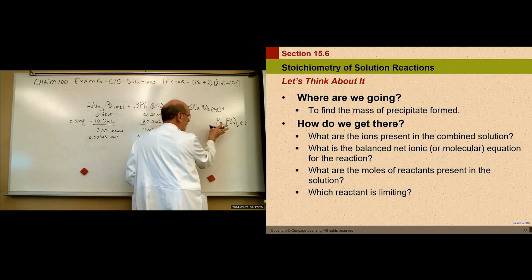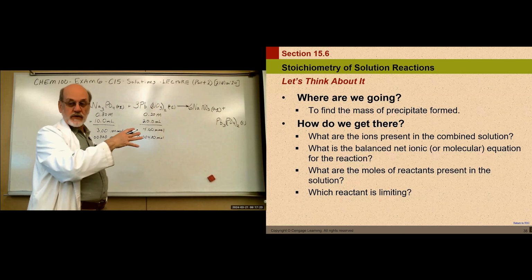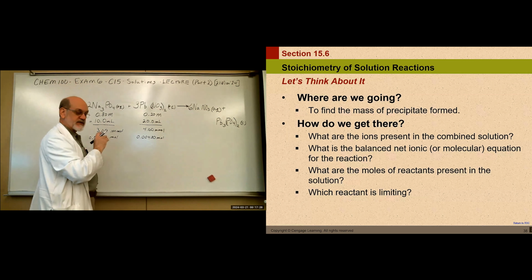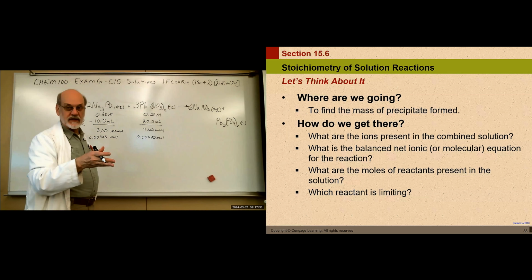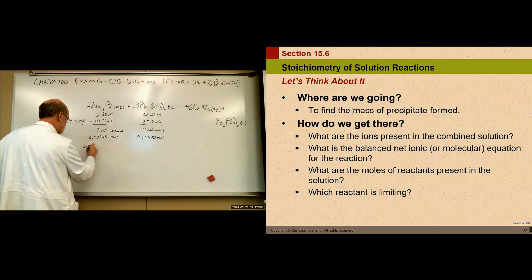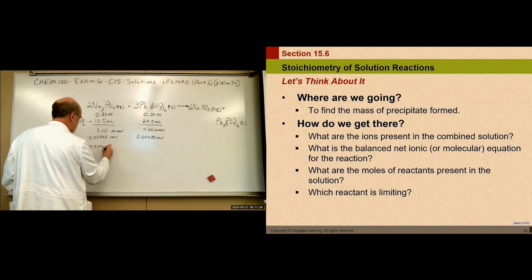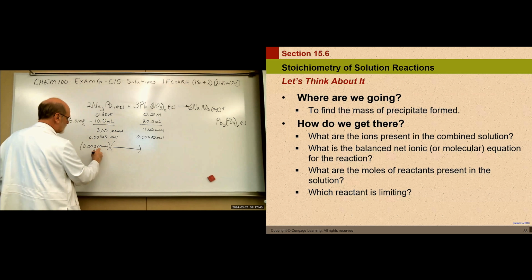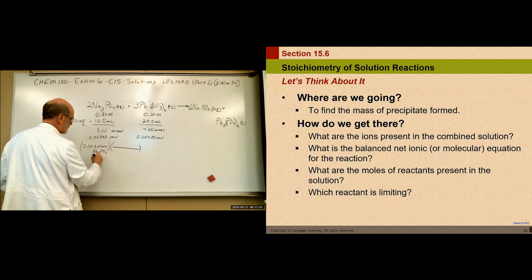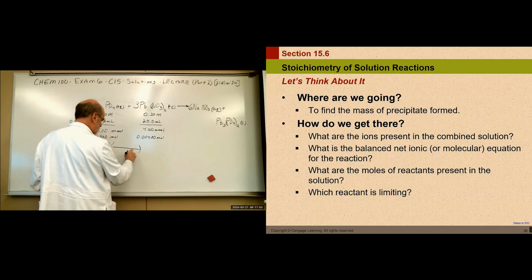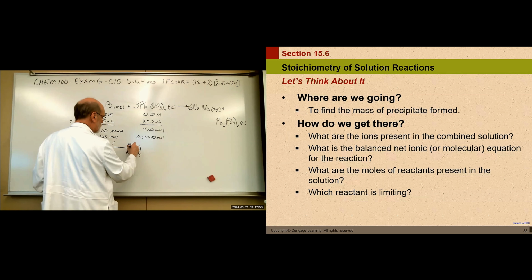Okay. So now that we have the moles of sodium phosphate and moles of lead-2 nitrate, we can find out how many moles of product each one would produce if all of it were consumed. And then the one that produces the least amount of product is the limiting reactant. So if we convert this one, 0.00300 moles of sodium phosphate, then we need a conversion factor to convert sodium phosphate to lead-2 phosphate.